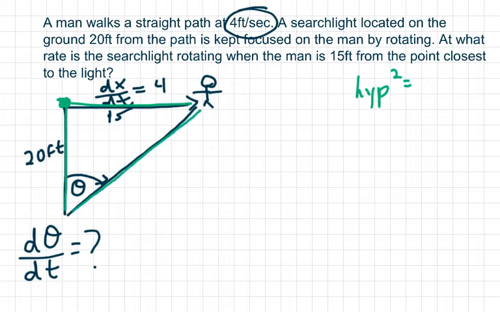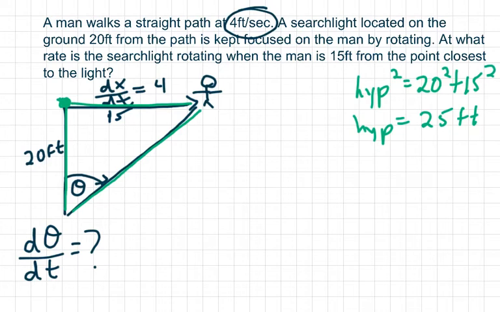So the hypotenuse squared is equal to 20 squared plus 15 squared. We go and we simplify that. 400, 225, 625, that's 25 feet. So this, ladies and gentlemen, will be 25 feet when the time comes. Okay.